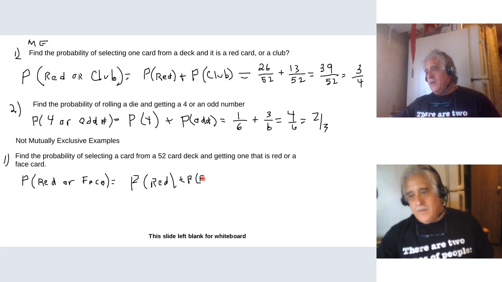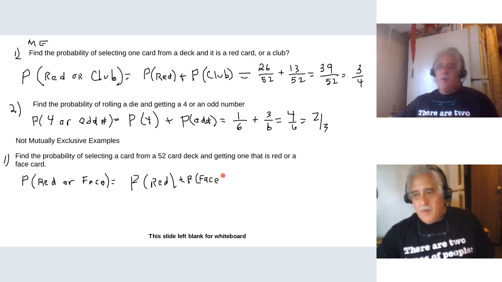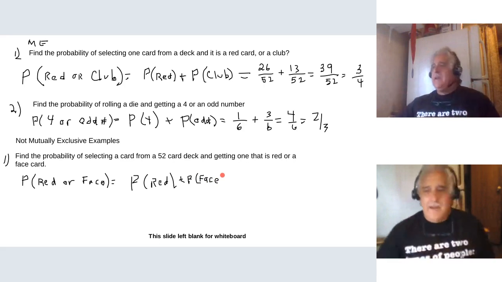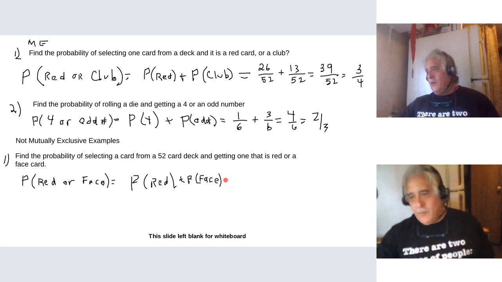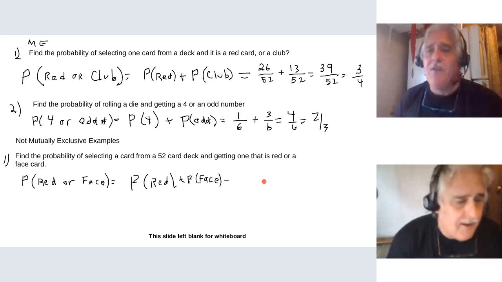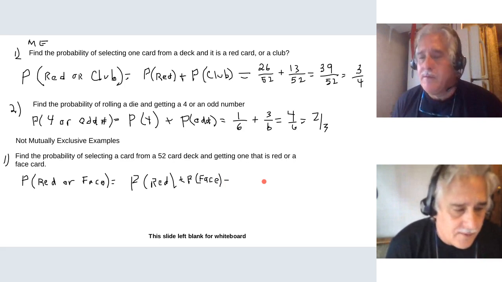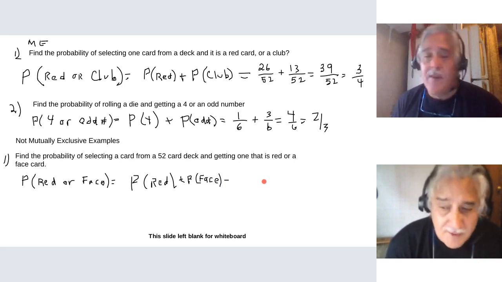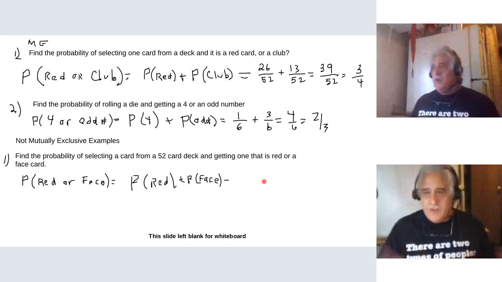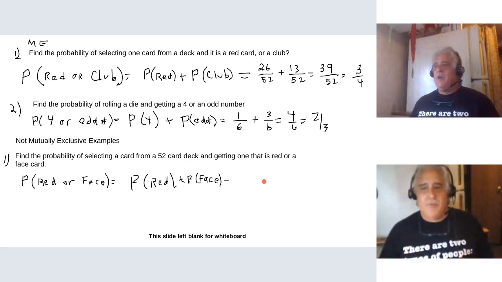Now, here's where we have to recognize what to do. As I had said, whether mutually exclusive or non-mutually exclusive, you're always adding. It's just a question of whether the subtracted term is going to exist if they're not mutually exclusive. Otherwise, if they're mutually exclusive, then what follows the minus sign is going to be 0. Because there was no possibility of having something red and a club.